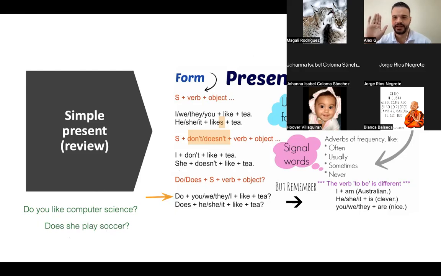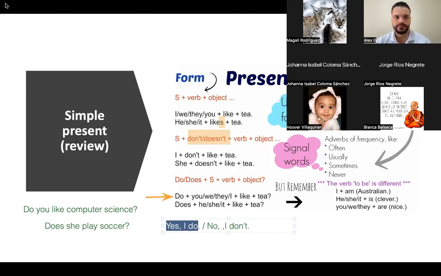Those are going to be the questions with yes and no. Remember that for yes and no questions, we always answer yes, I do, or no, I don't, right?